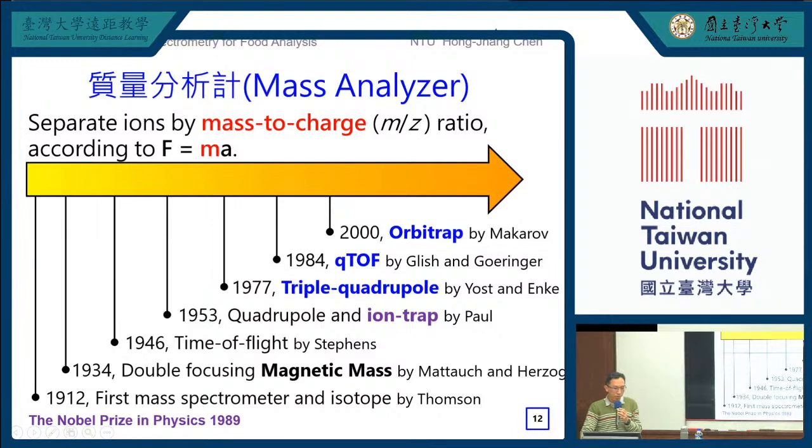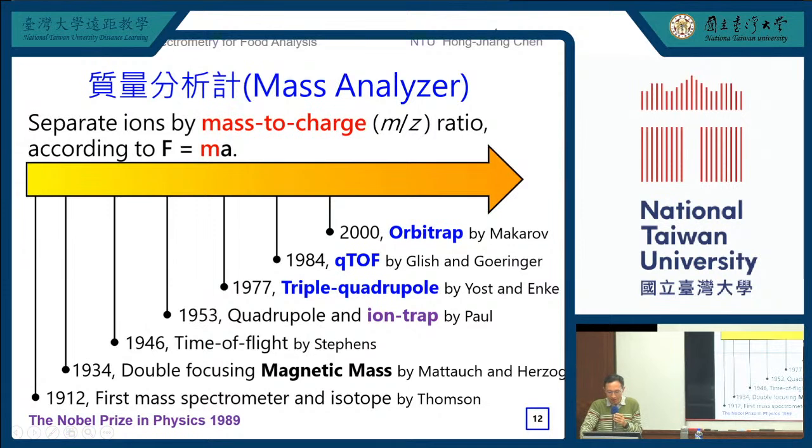We want to measure the mass, right? So we apply a force, detect the acceleration, and then we can calculate the mass. The basic principle is F equals ma. It's easy, right?